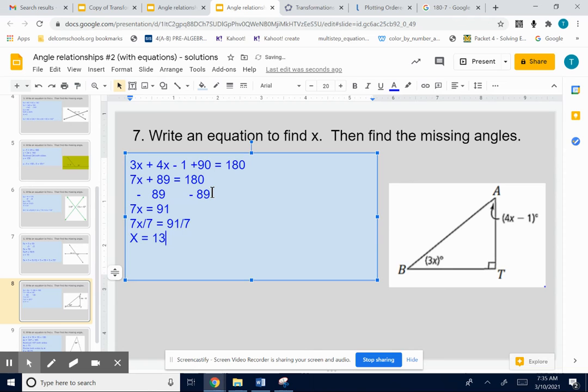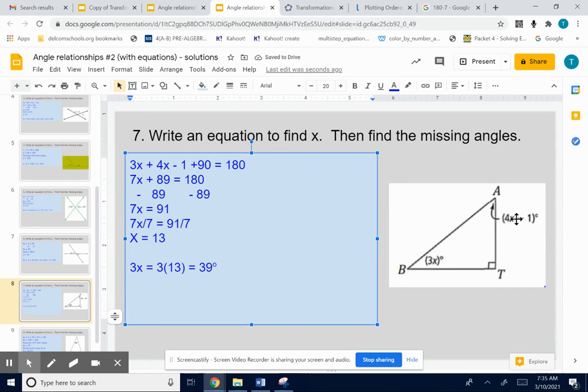So if x is equal to 13, we can now find the other two angles by replacing our x's in both of these expressions with 13. So the small angle, 3x, I'm just going to put 13 in for x and take 3 times 13. And 3 times 13 is equal to 39 degrees.